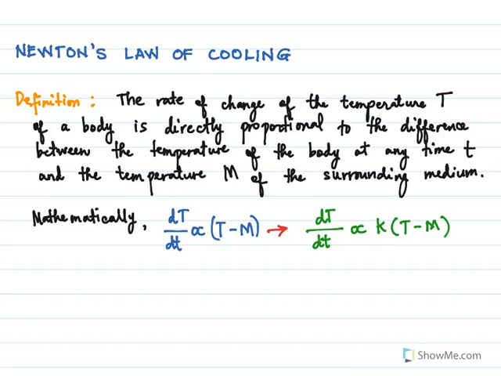So mathematically, we can represent that as dT over dt proportional to the difference of T minus M, or in equation form, you have dT/dt equals k, proportionality constant k, times the quantity T minus M.